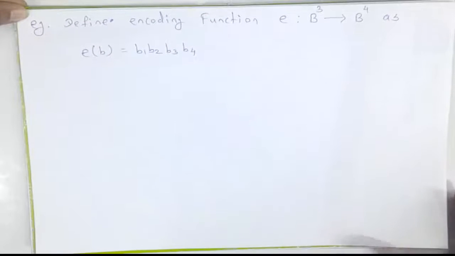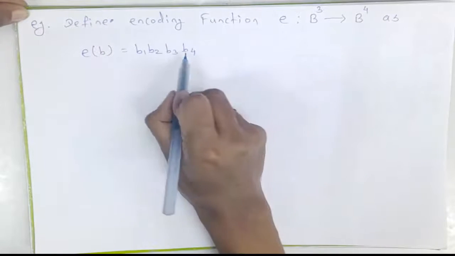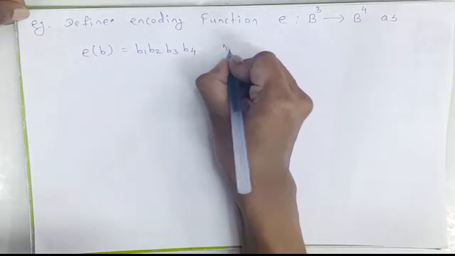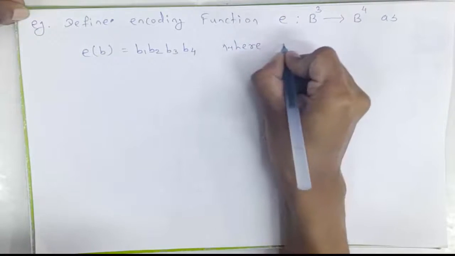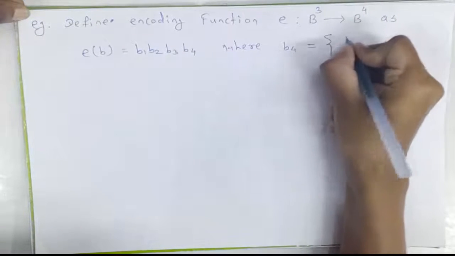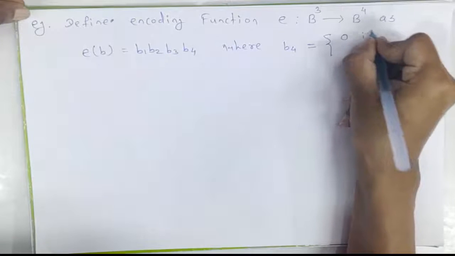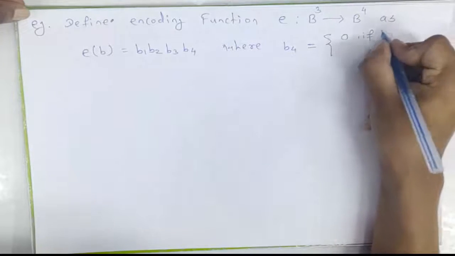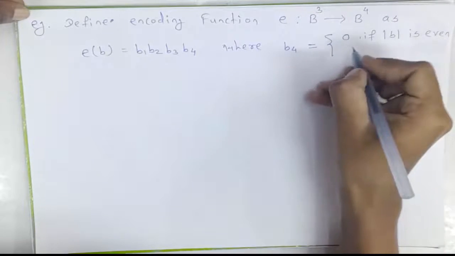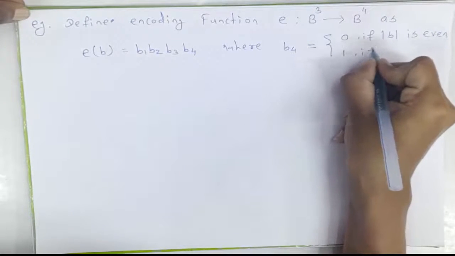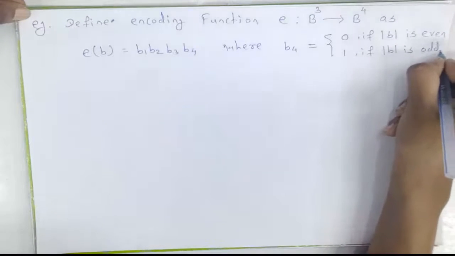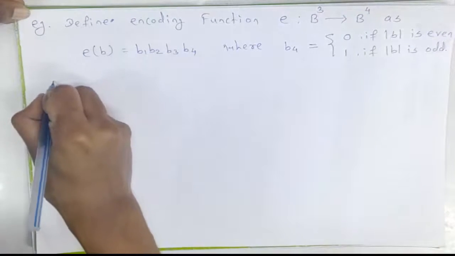So here the parity bit is b4, where the condition for parity bit b4 is that it equals 0 if the weight of b is even, and it equals 1 if the weight of b is odd. Okay, so write the code words.